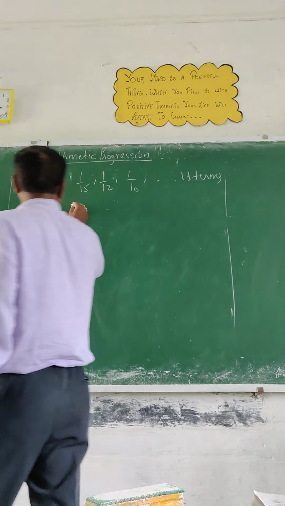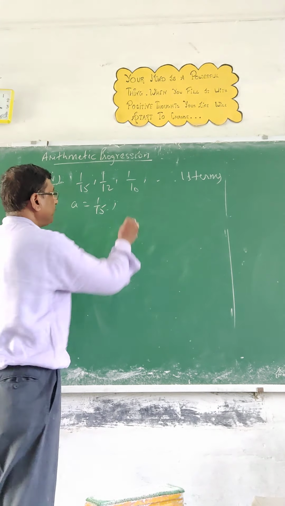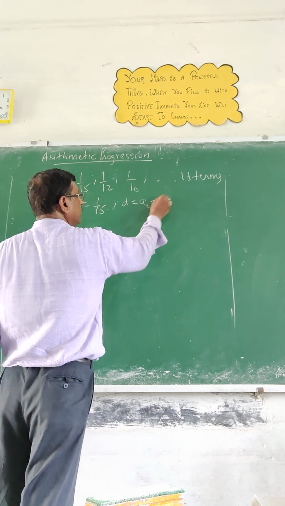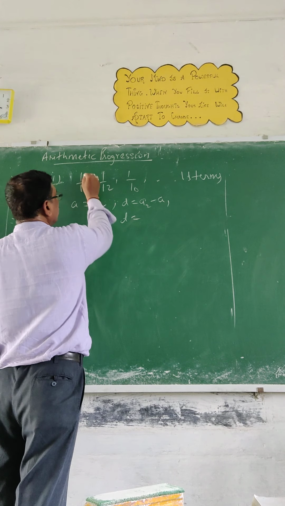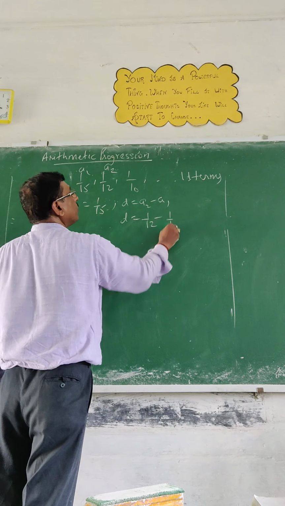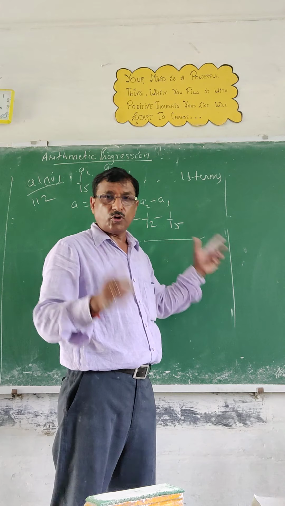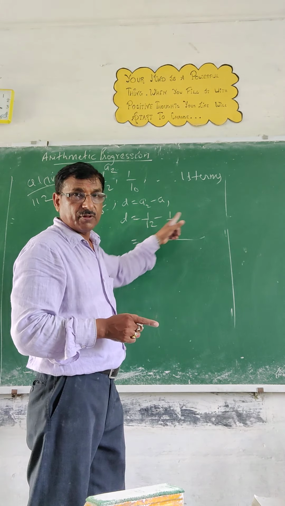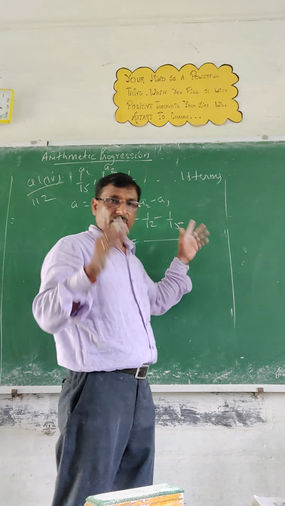See, what is your a? What is your d? Now remember, how will you find d? a2 minus a1. What is d? Can you see? This is your a1, this is your a2. a2, 1 upon 12 minus 1 upon 15. I hope you know how to solve fractions. If you don't know, one simple method: just multiply 15 with 1, 12 with 1, and multiply 12 with 15 in the denominator.